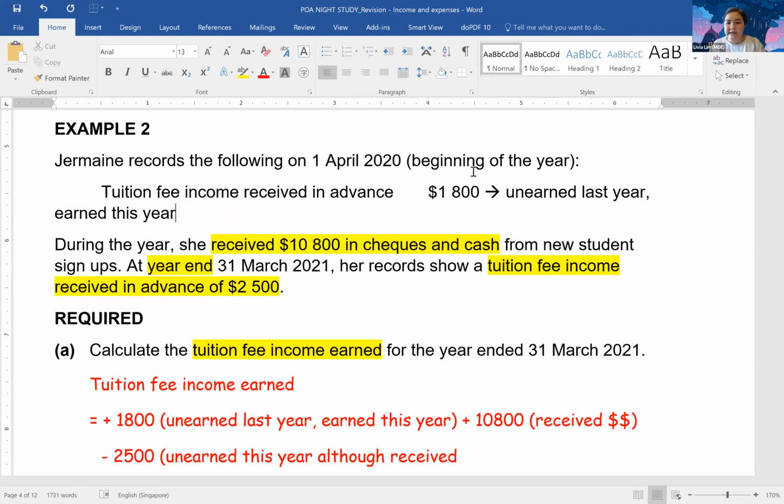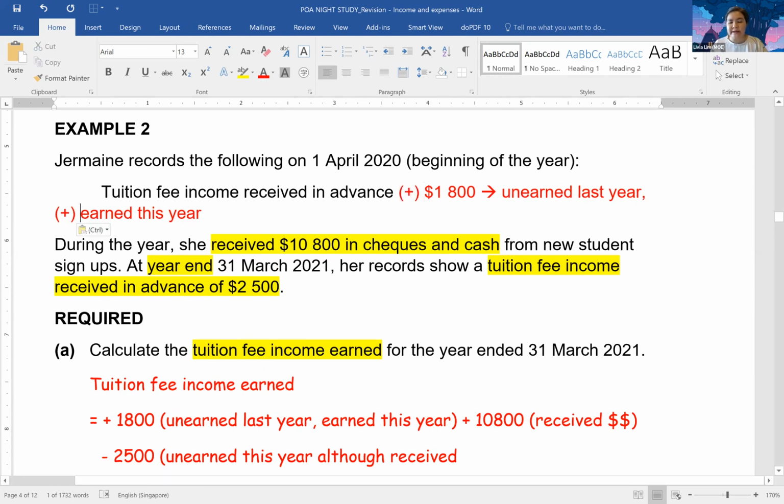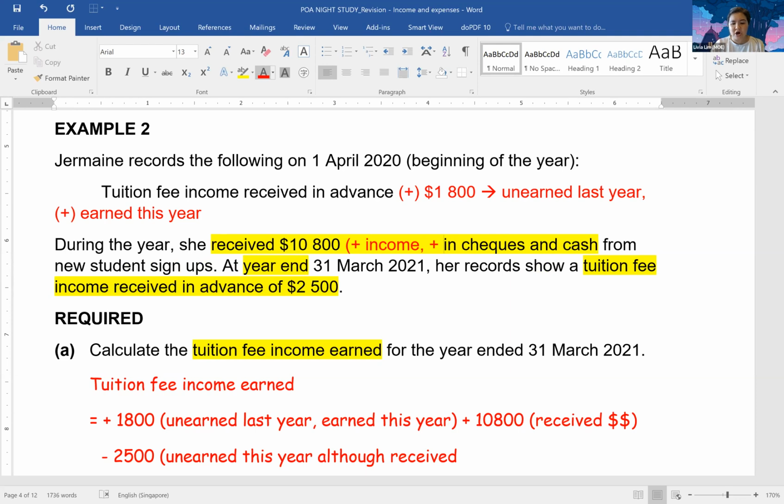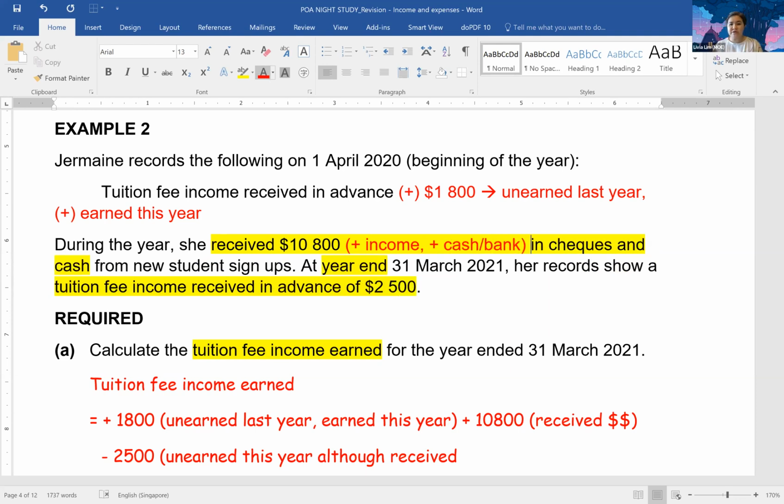Since it's unearned last year and earned this year, you need to increase because you earned it this year, so add plus $1,800. Next, you have received $10,800, and whenever you receive money, you need to increase income and also increase cash or bank account. So you need to plus income.